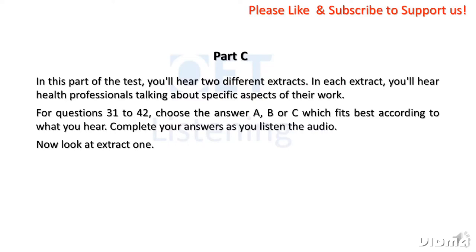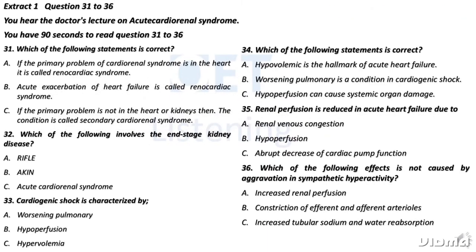For questions 31 to 42, choose the answer A, B, or C, which best fits according to what you hear. Complete the answers as you listen to the audio. Now look at Extract 1. Extract 1. Questions 31 to 36. You hear the doctor's lecture on acute cardiorenal syndrome. You have 90 seconds to read questions 31 to 36.